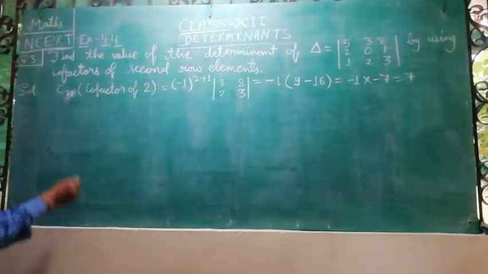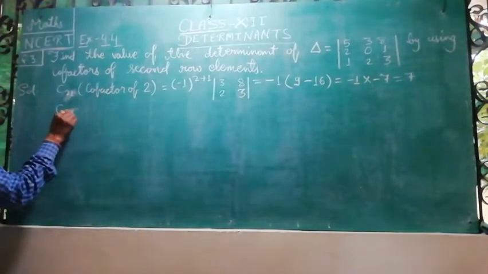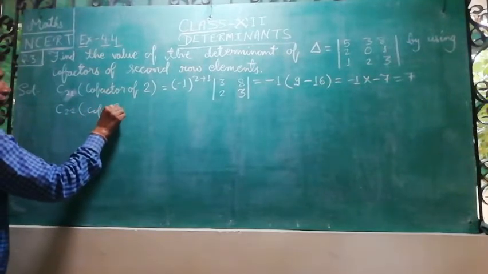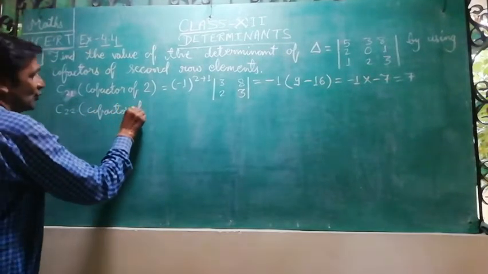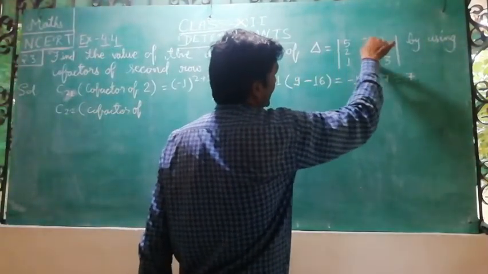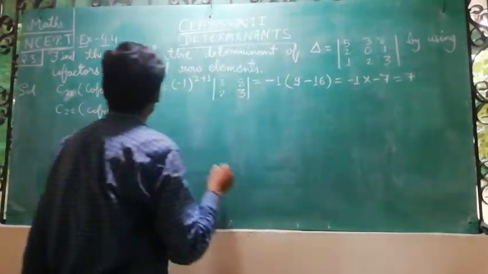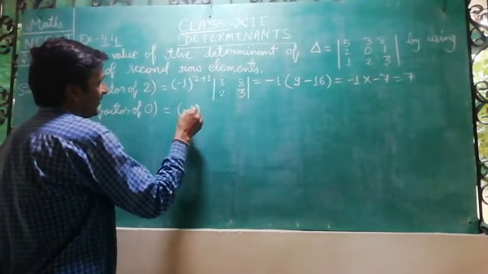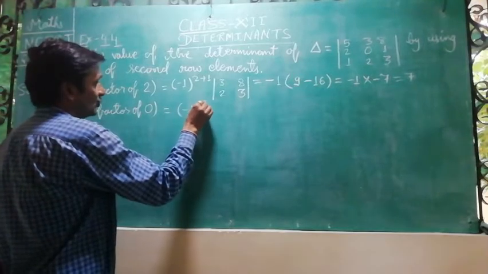Now C22, cofactor of which element? C22 means this 0. Cofactor of 0 is equal to minus 1 raised to the power 2 plus 2.